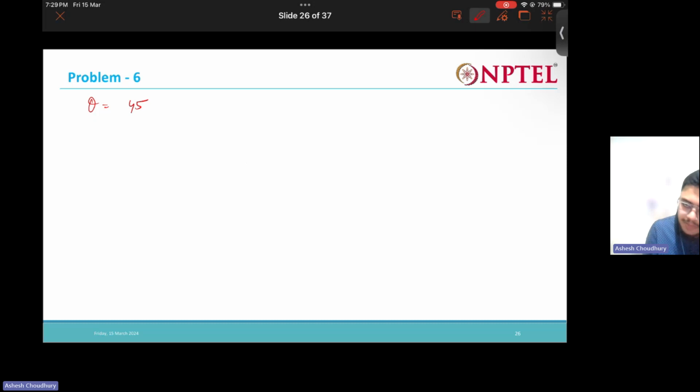The failure plane makes an angle with the major principal plane of 45 plus phi by 2.